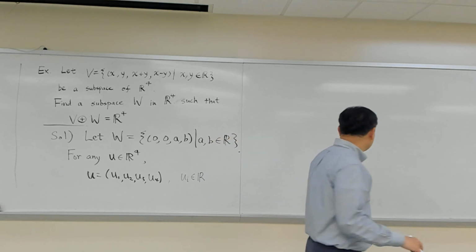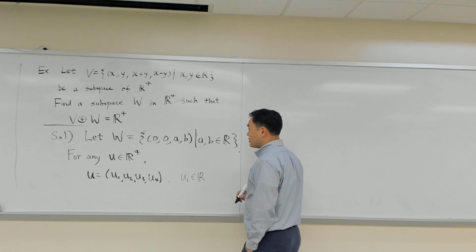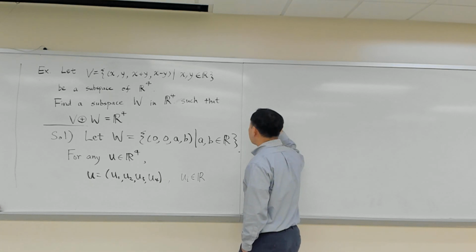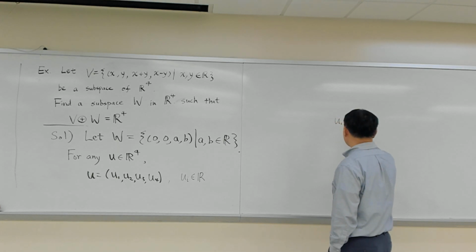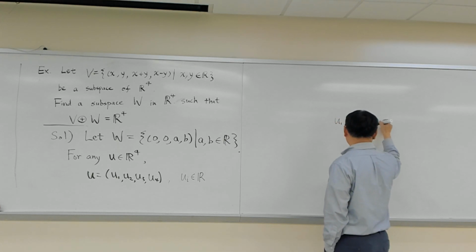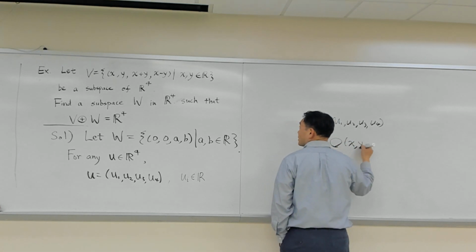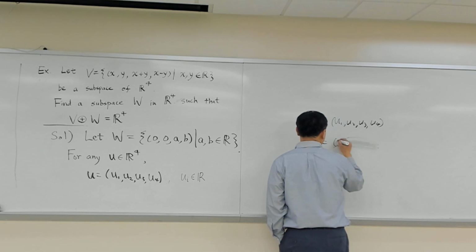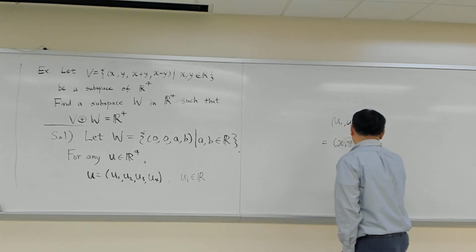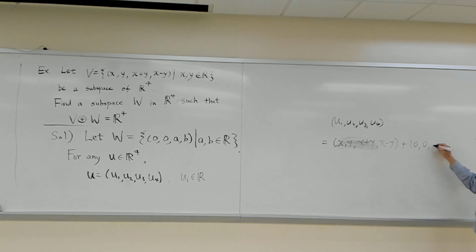Now let's see how we can represent (u1, u2, u3, u4) as (x, y, x plus y, x minus y) plus (0, 0, a, b).